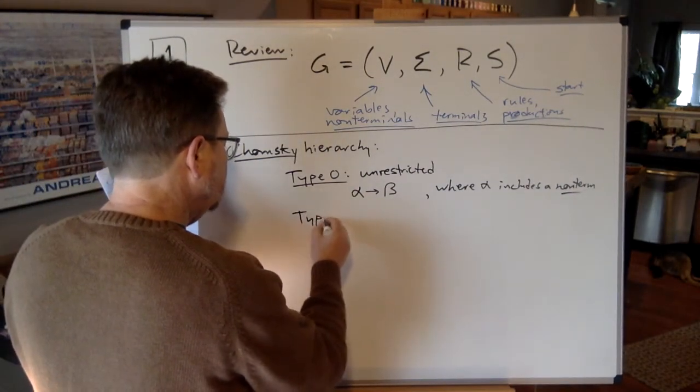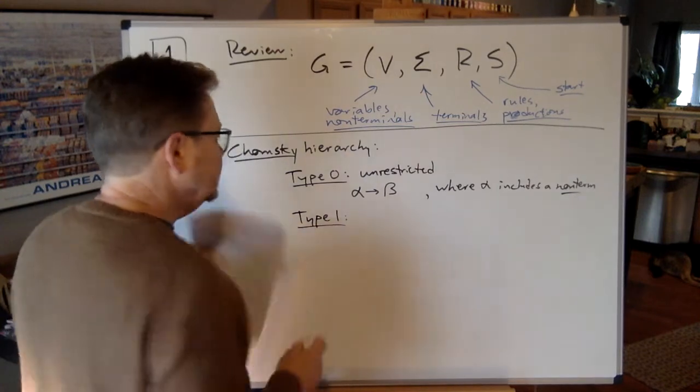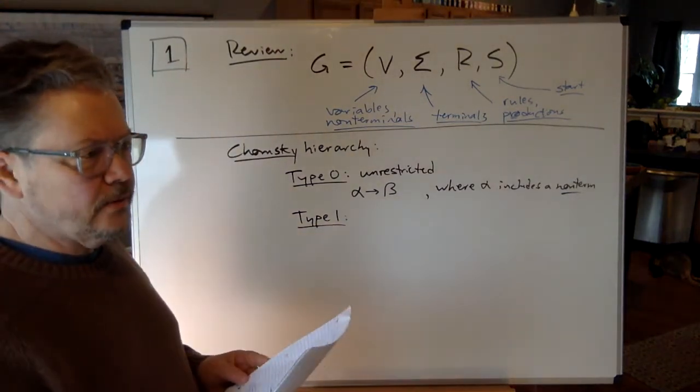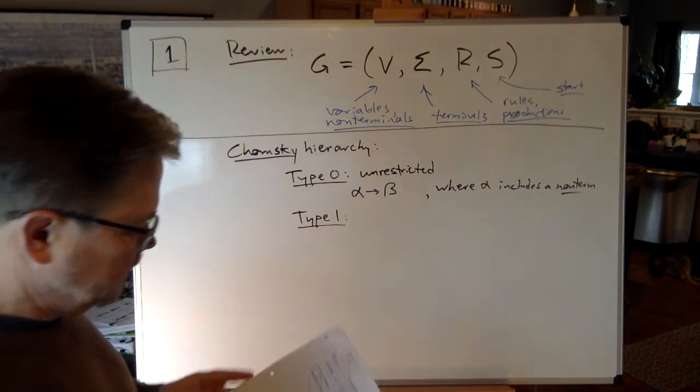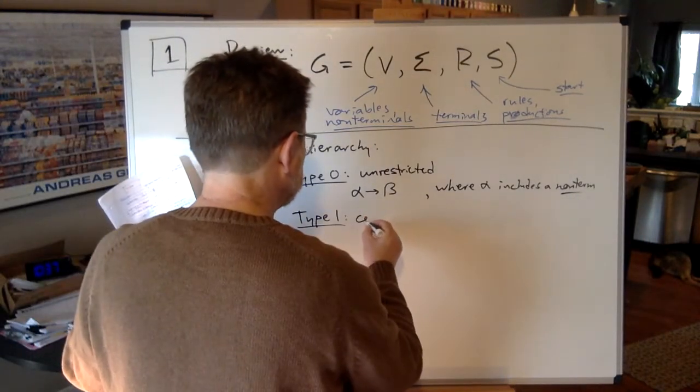Type 1 is a little more restrictive. Each one of these is a sort of refinement, or a restriction of the previous type. These are called context sensitive.